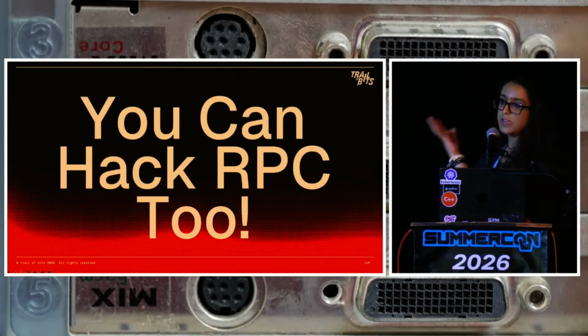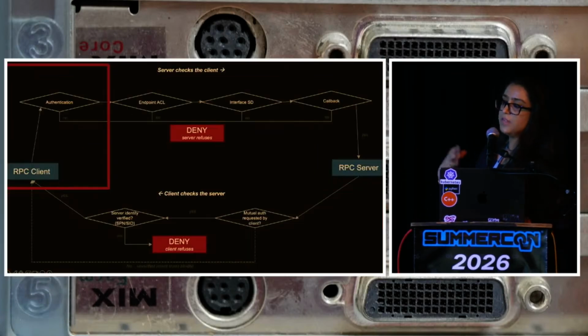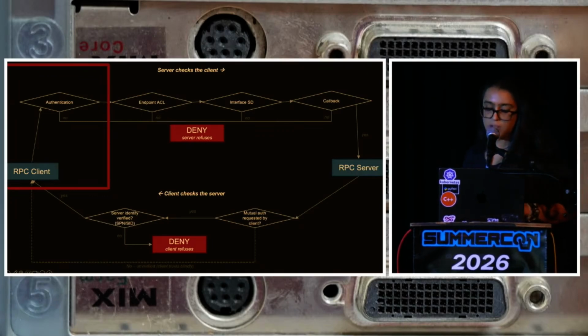You can hack RPC too, as in there are so many different configurations and settings that RPC clients and servers have, where this was just the tip of the iceberg. So I'm just going to go into one specific example to show you.